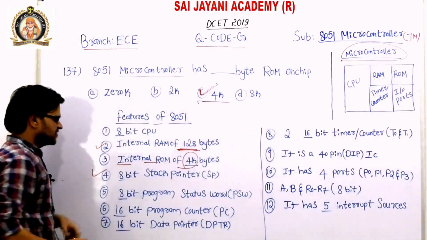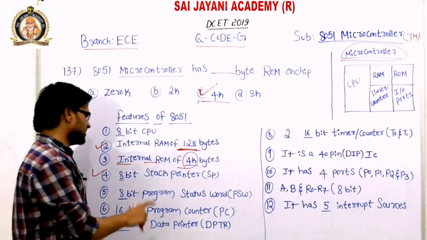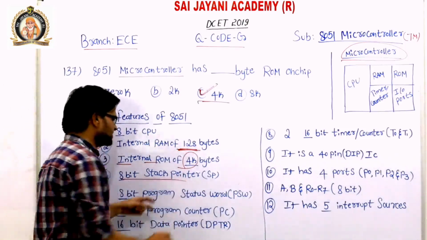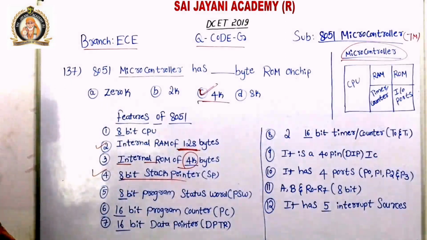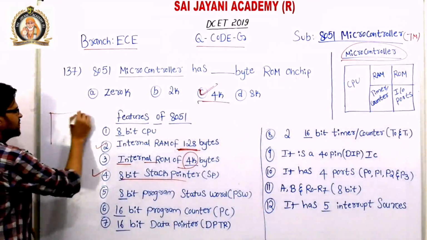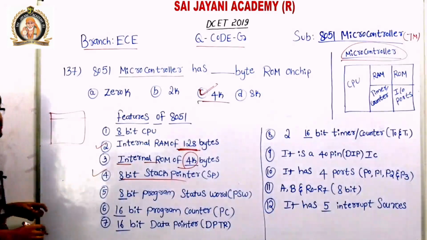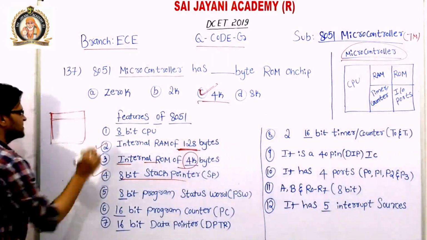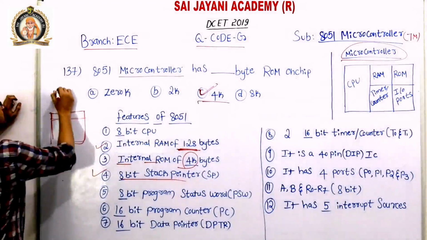Similarly, the fourth feature is that the 8051 has an 8-bit stack pointer. What is meant by stack? It is the upper part of the internal RAM. This memory space is mainly used by the CPU.